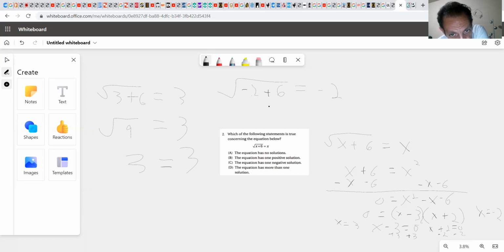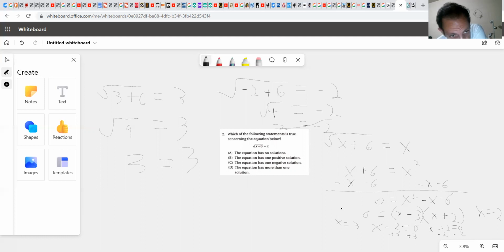So negative 2 plus 6, that's 4. The square root of 4 equals negative 2, and the square root of 4 is 2, so 2 equals negative 2. That's not true. So this solution did not work.